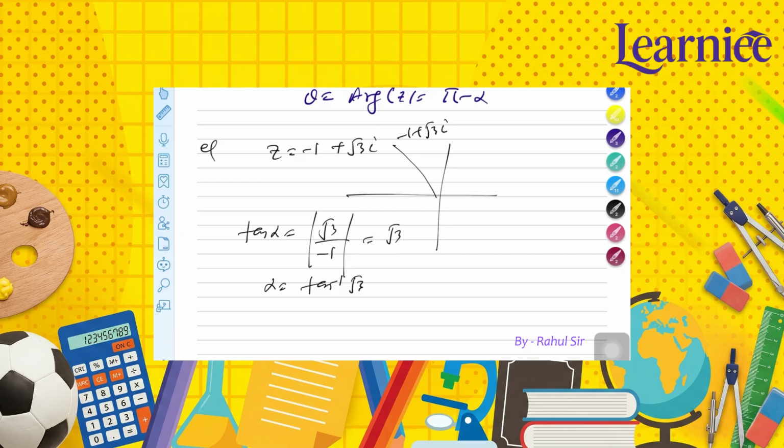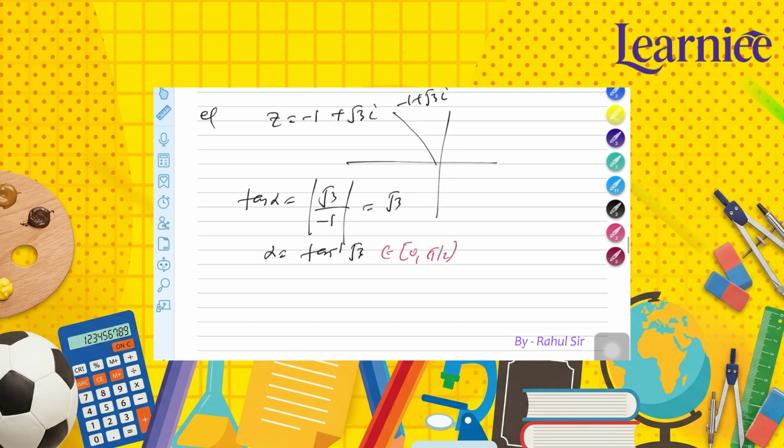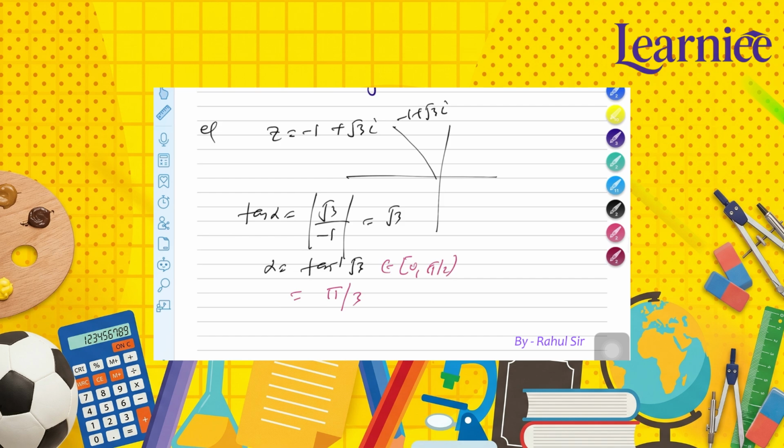Since tan alpha is positive, alpha could lie either in the first quadrant or in the third quadrant, but we always take alpha as the value in the first quadrant, 0 to pi by 2. So alpha is tan inverse root 3, that is pi by 3. In this case, theta is the principal argument, and alpha is this particular value, pi by 3.